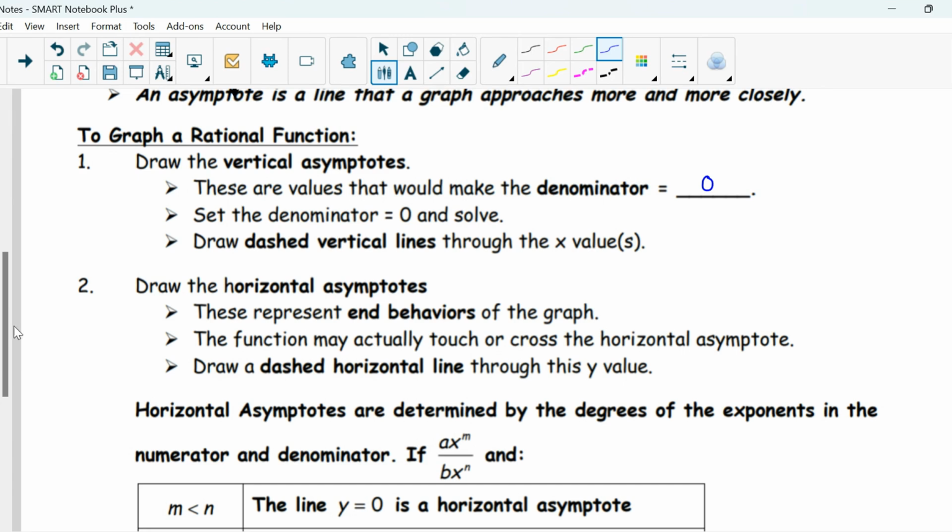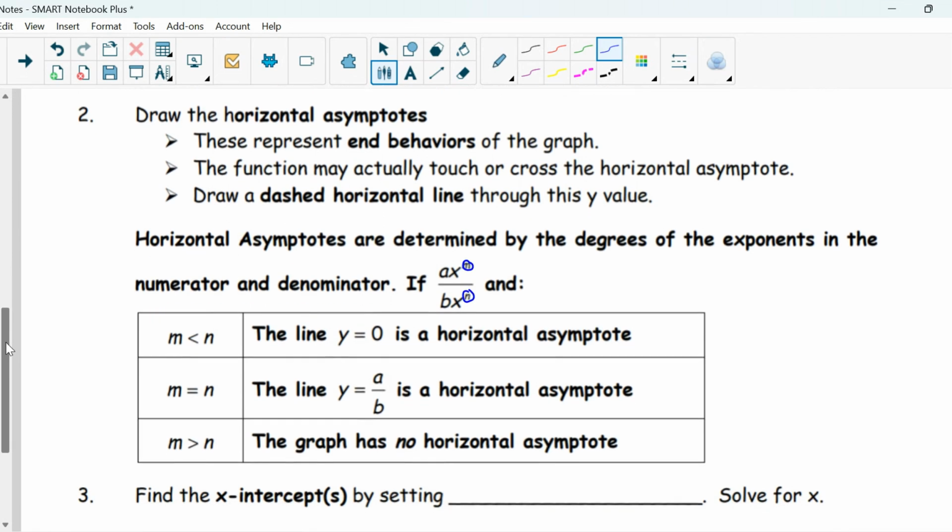Horizontal asymptotes are determined by the degrees of the exponents in the numerator and in the denominator. So our key detail is our degrees, which is tying back into our previous chapters.